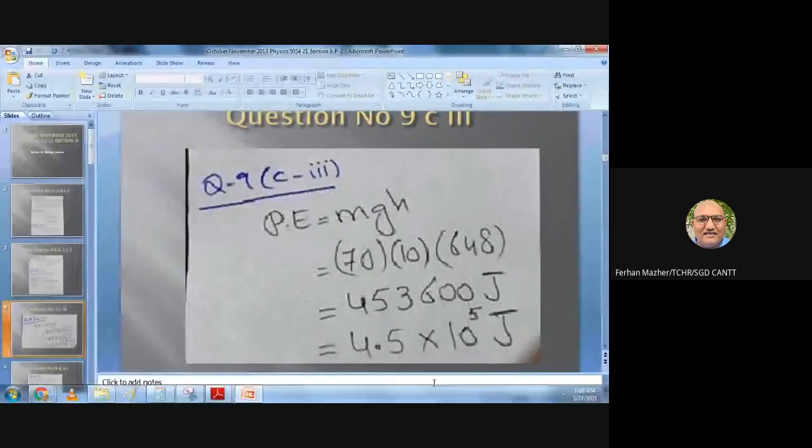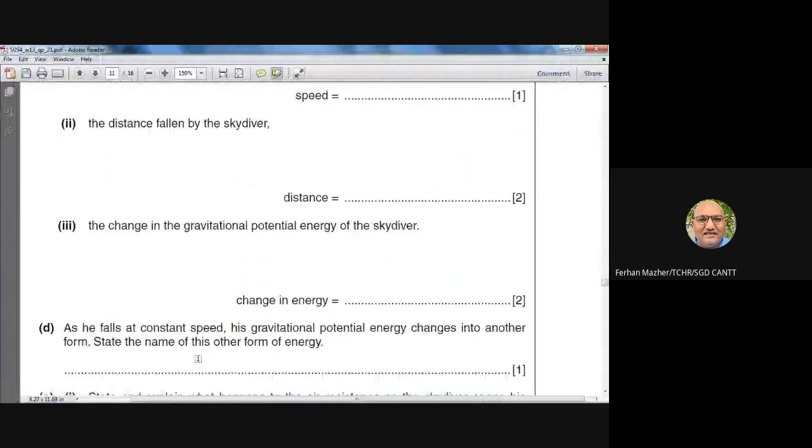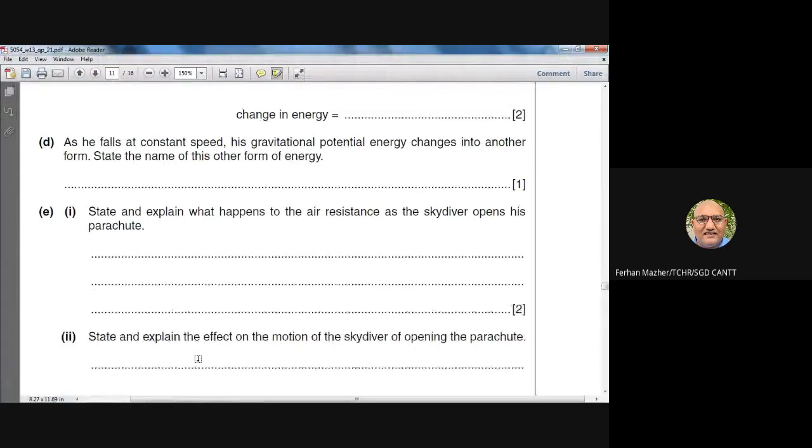Okay, let's move to the next part. He says, as he falls at constant speed, his gravitational potential energy changes into another form. State the name of this other form of energy. Whenever a body is moving with a constant speed, its energy is converted into thermal energy.